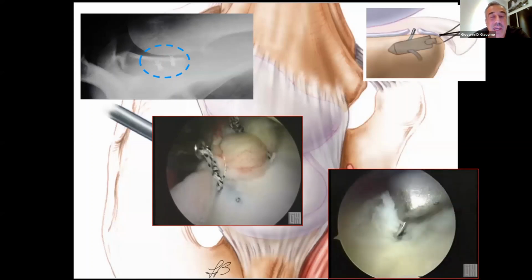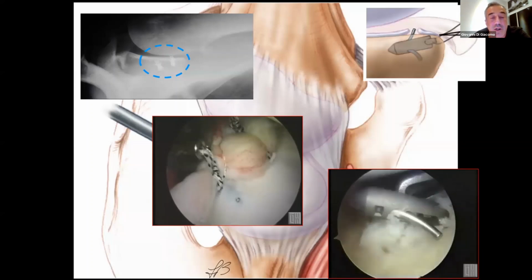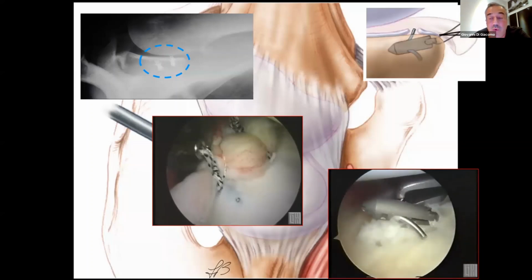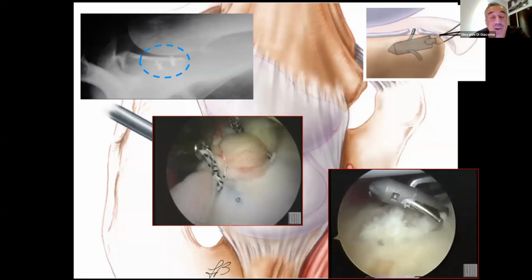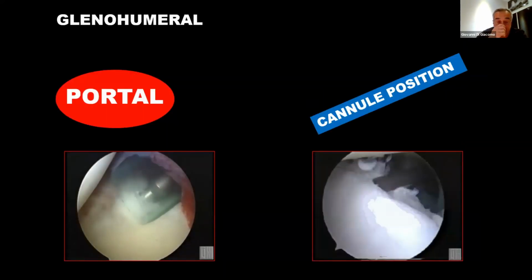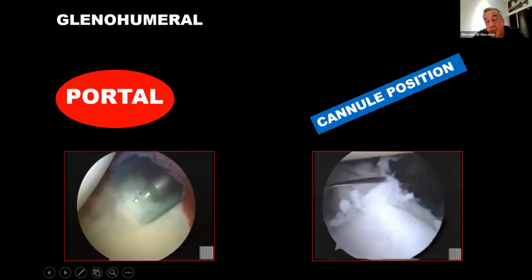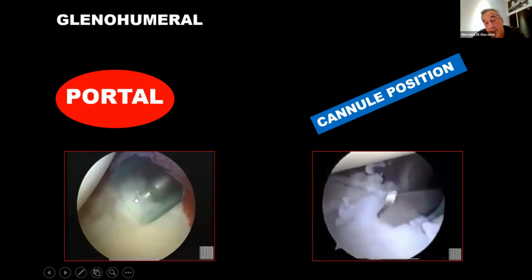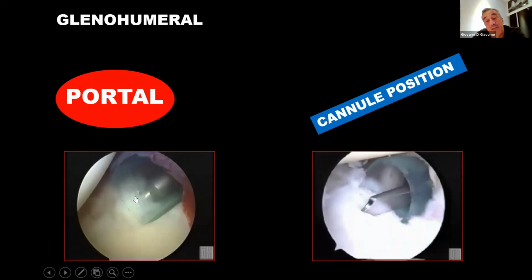You need to be very accurate when you put your cannula and when you are putting your anchors. You have to respect the inclination. You can see here some video. This is not perfect inclination. I did this talk at GMH meeting many years ago, speaking about the pitfalls that you can have during this surgery.